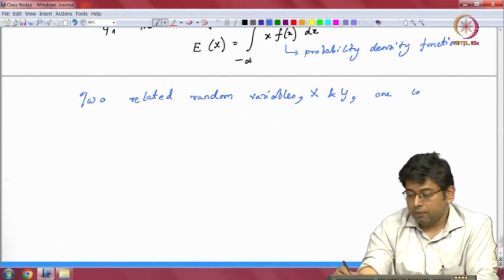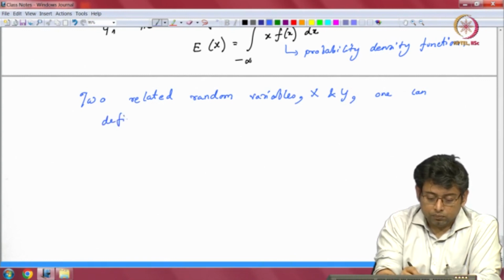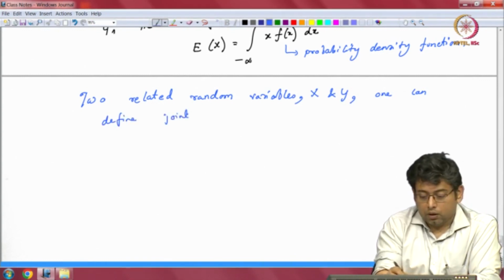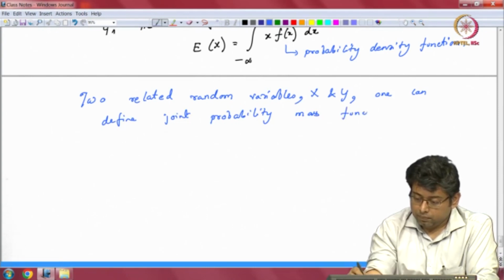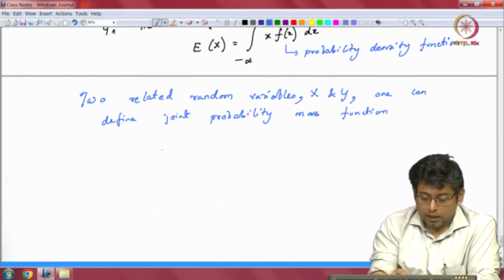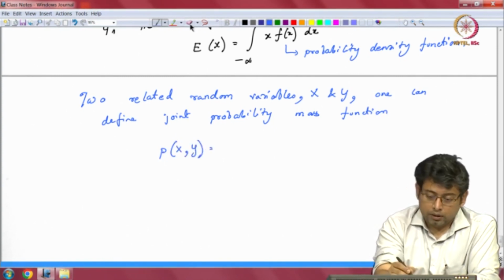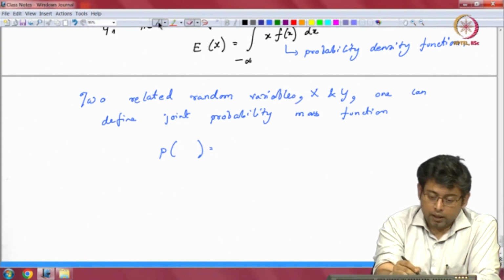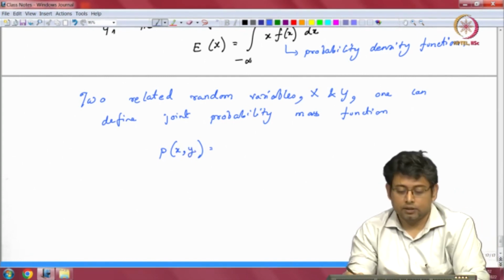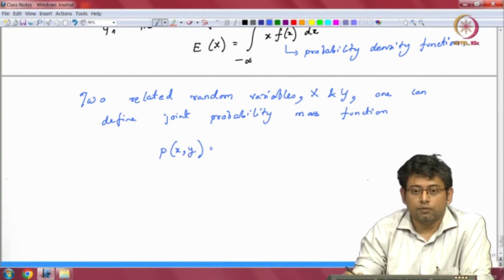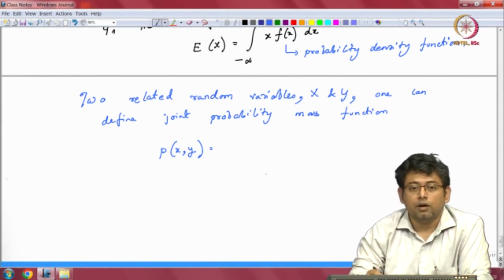One can define the joint probability mass function as, let us say, p(x, y). This should be small. In probability theory, usually the capital letter is reserved for the variable, and the small letter is reserved for the value it takes.